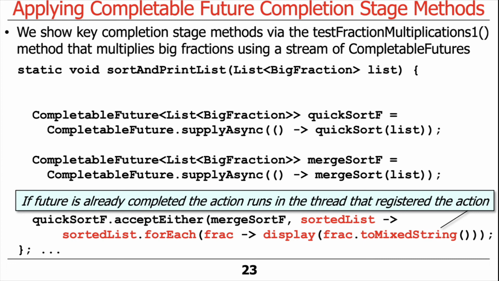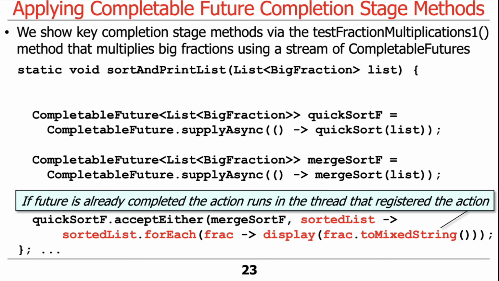This action is going to take the sorted list that came back from either quicksort or merge sort, whichever one it was, and iterate through that sorted list using the forEach method, and display each of the fractions in sorted order as a mixed string.